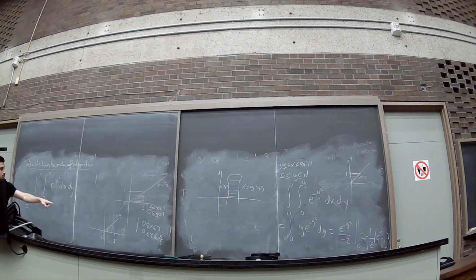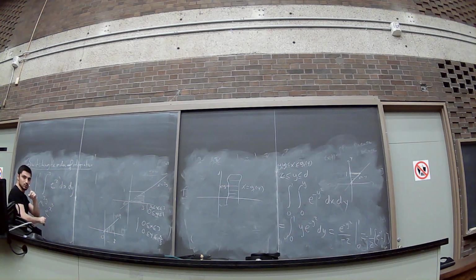Okay. Now, let's flip the order of integration. x goes from 0 to 3, and y goes from where to where, did we say? From 0 to x over 3, e to the x squared. Is it x squared? Yeah, I think it's squared.